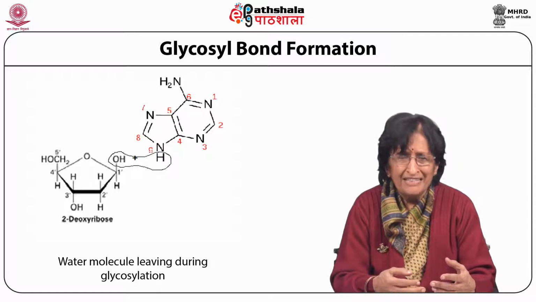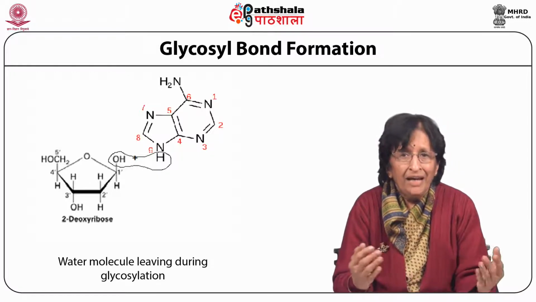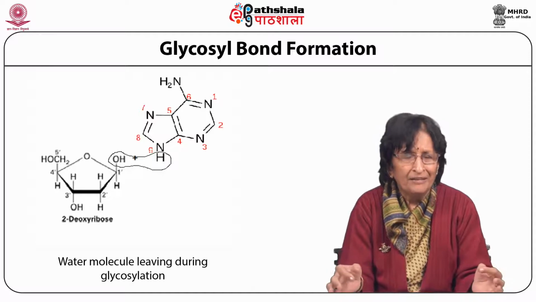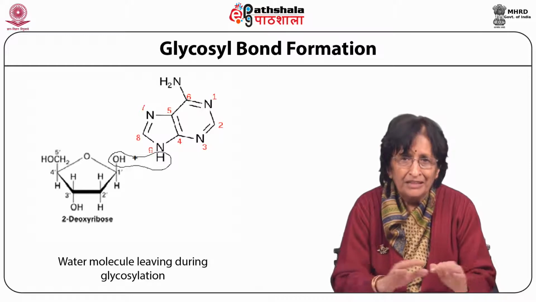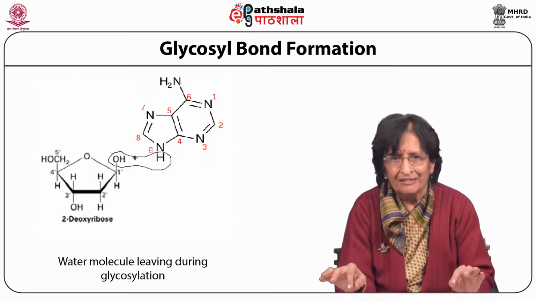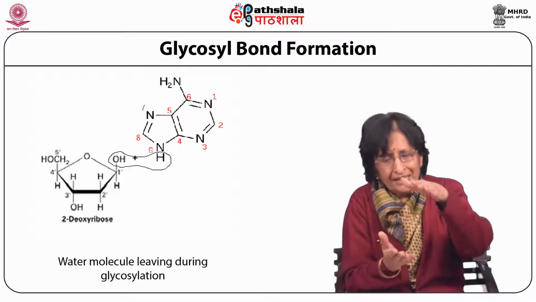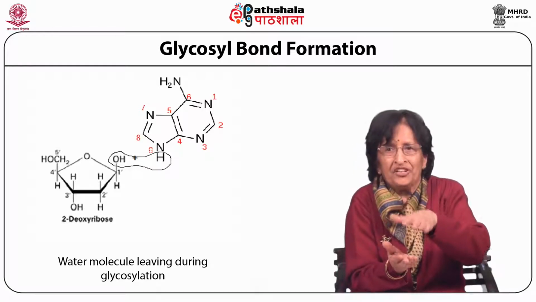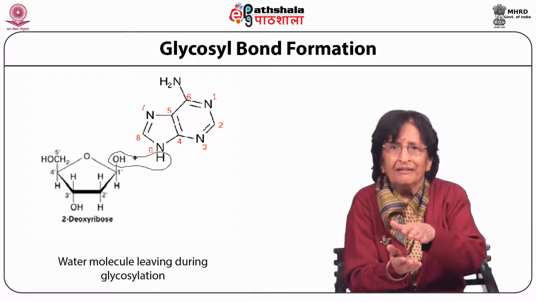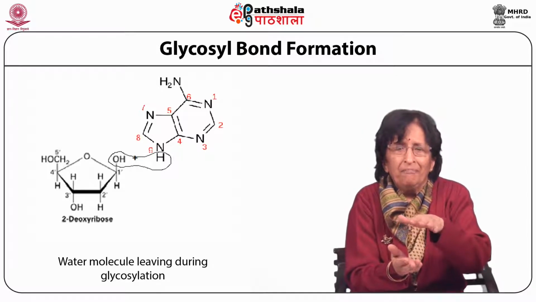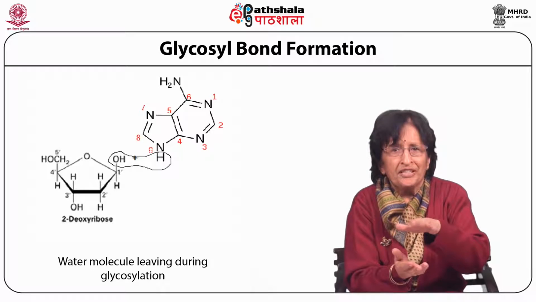The bases have alternate double bonds. So they are aromatic in nature. But this leads to planarity of their structure. So they can stack over each other. And they are held together by a conjugated pi electron system.